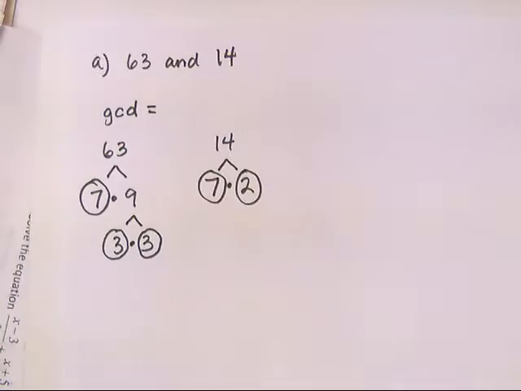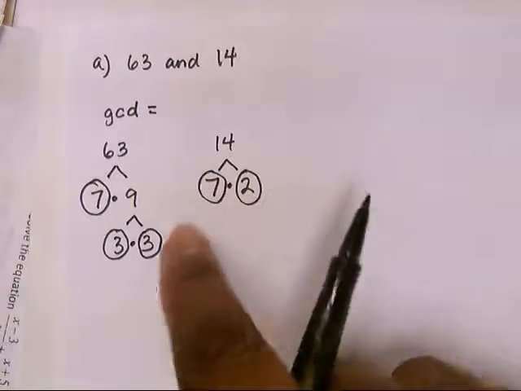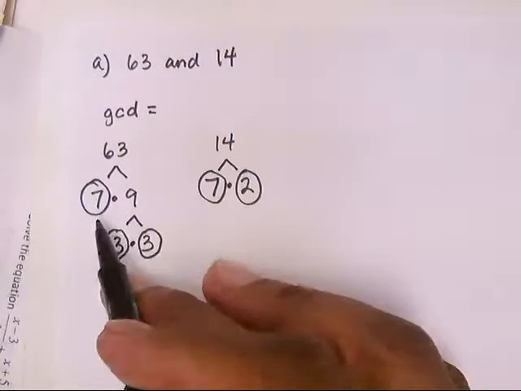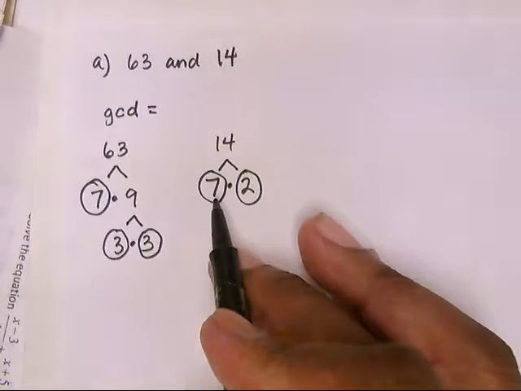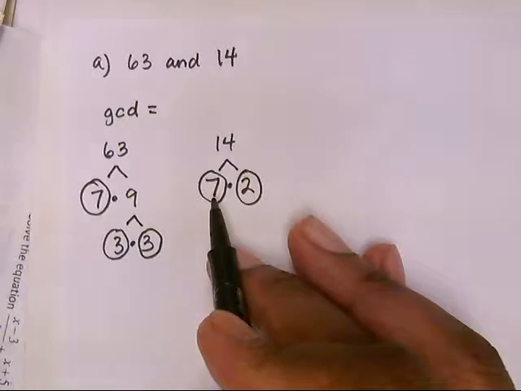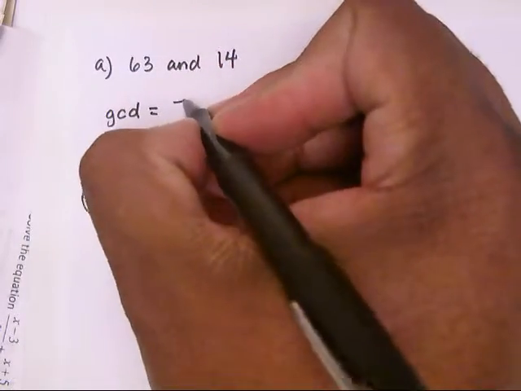Now to find the greatest common divisor, we use the common factor that's in both of these numbers the least number of times. In this case, 7 is the common factor because that's a factor that's in both 63 and 14.